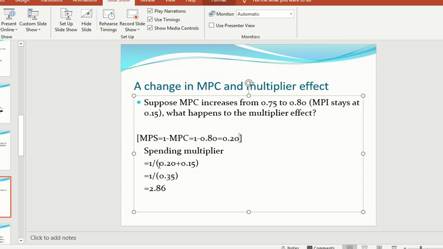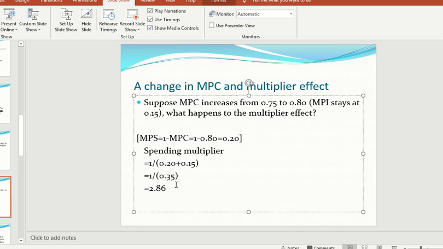So 1 over MPS plus MPI, alternatively. So the spending multiplier is equal to 2.86. This is larger than what we had just now. So with an increase in marginal propensity to consume, we now have a larger multiplier effect.